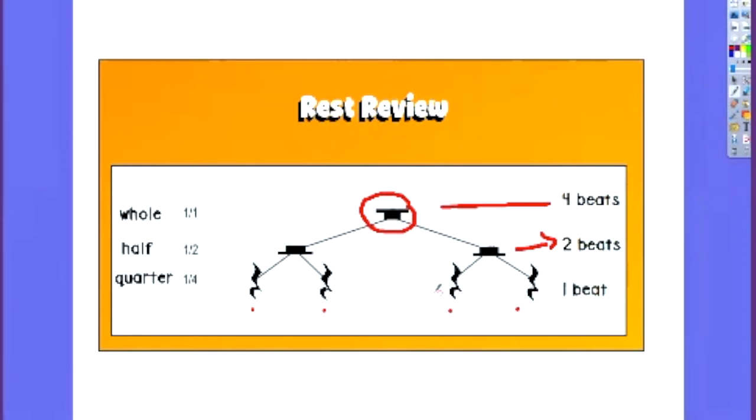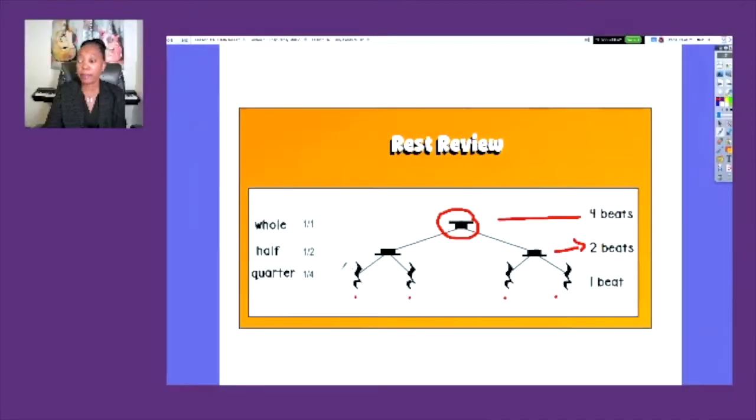So we have 1, 2, 3, 4. That's the equivalent of a whole rest, but the quarter rest gets the 1 beat that we talked about. All right, and it's a silence. All of these are a silence in music, but they have different durations.